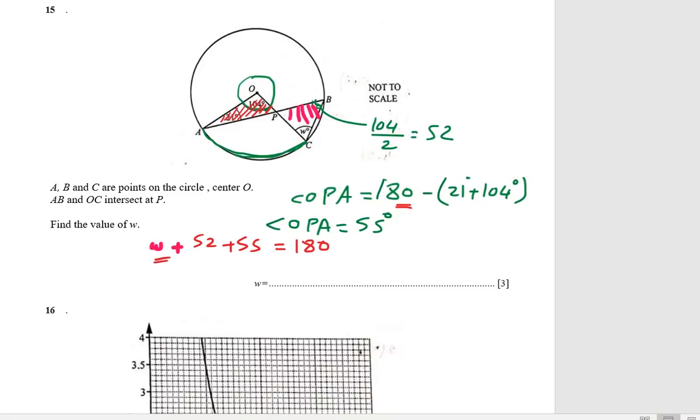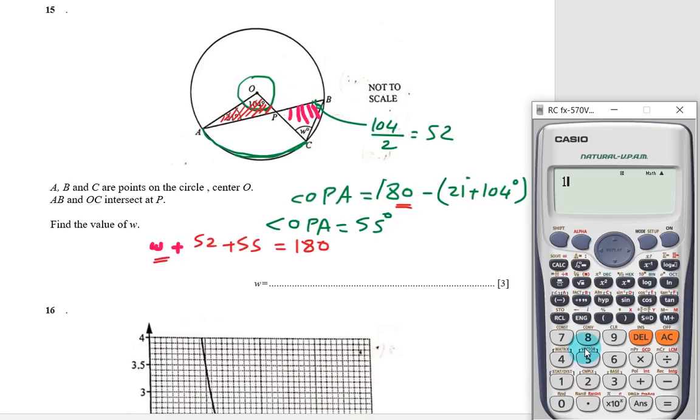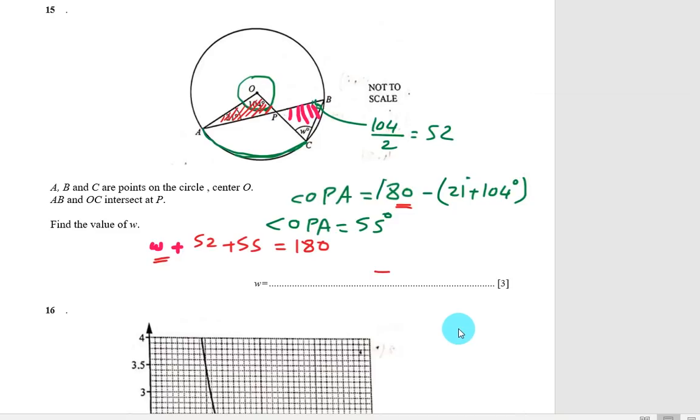So now we can find the angle W, which will be 180 minus 55 plus 52. So the angle W is 73 degrees. Okay. Let us go ahead to another question.